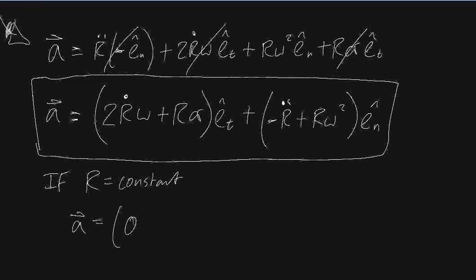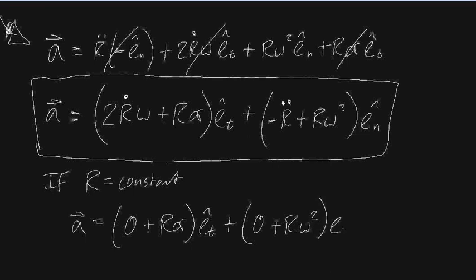In fact, let me make these dots a little bit clearer. Here we've got r dot, so that's going to be 0. We're going to be adding that to r alpha times ET. And we're going to be adding that to, well, what's r double dot? It's going to be 0 because r is a constant, plus r theta dot, r omega squared, times En.